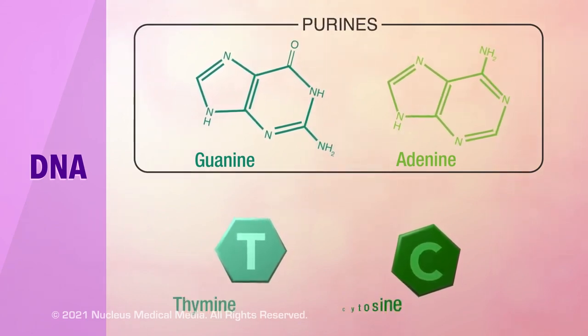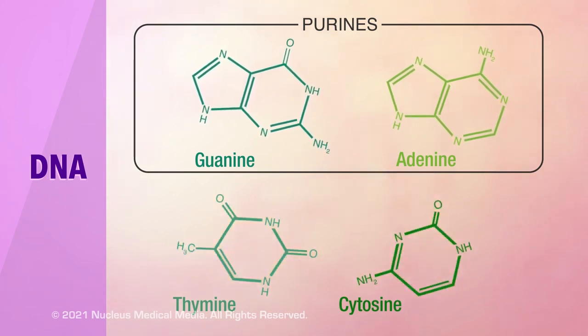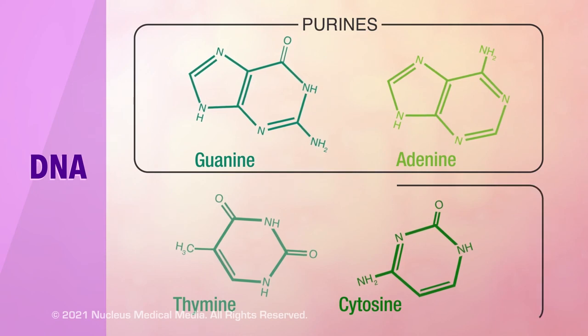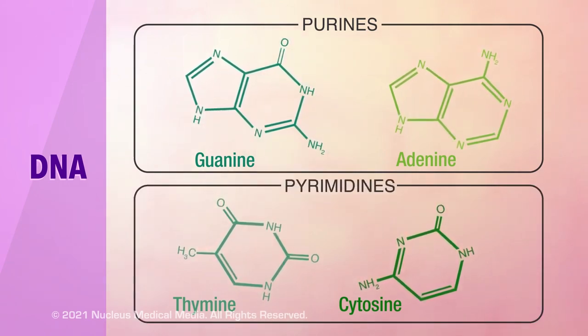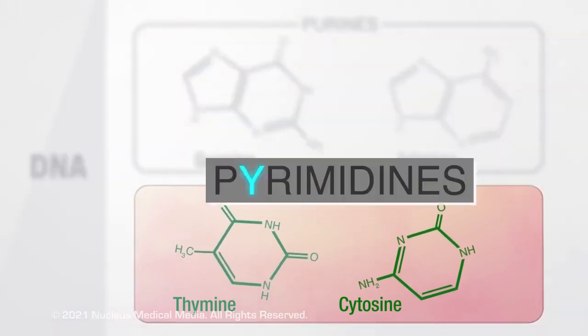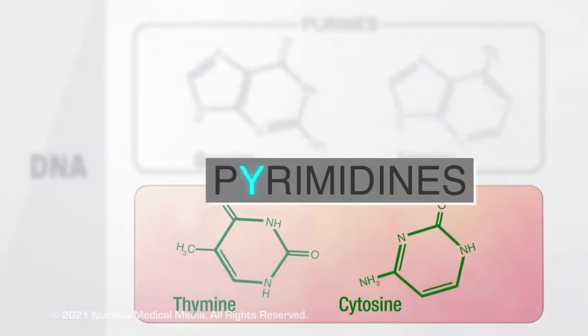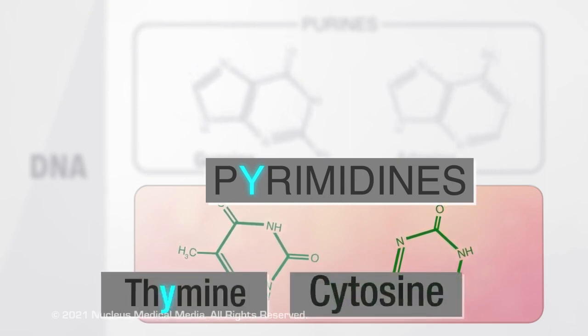But thymine and cytosine both only have a single 6-membered nitrogen-containing ring shape, so they are chemically classified as pyrimidines. Here's a little hint to help you remember this. Pyrimidine has a Y in its name, and so do the bases classified as pyrimidines, thymine, and cytosine.